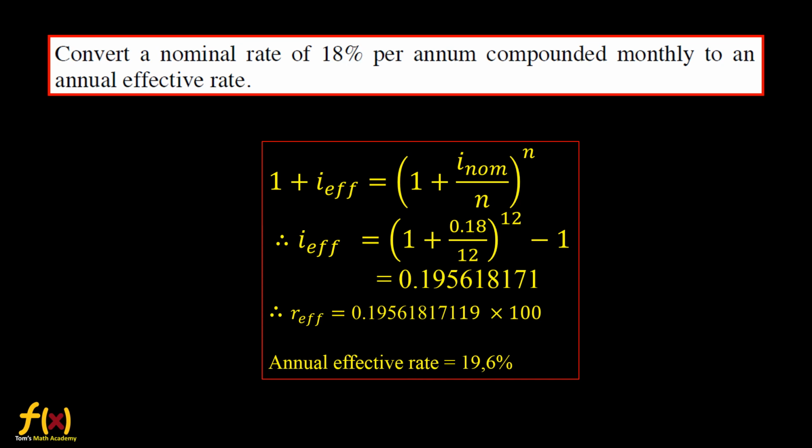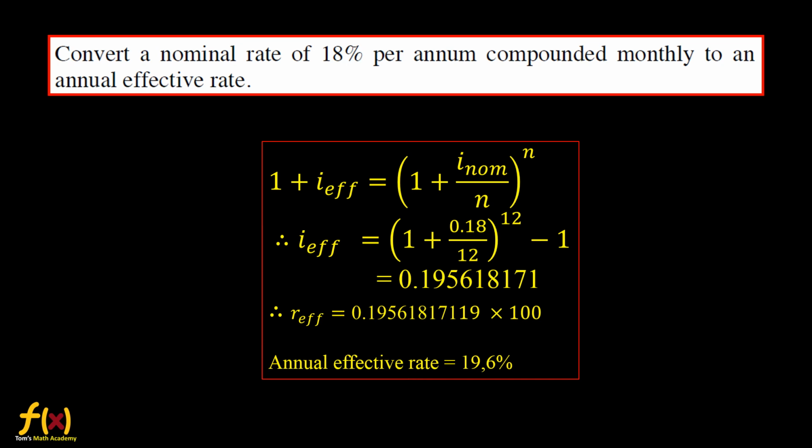We know the rate is 18%, that is 0.18 over n. n is 12, compounded monthly. The whole power n again, that is also 12. Use your calculator very carefully. Double check your answer. Now we get 0.195618171.